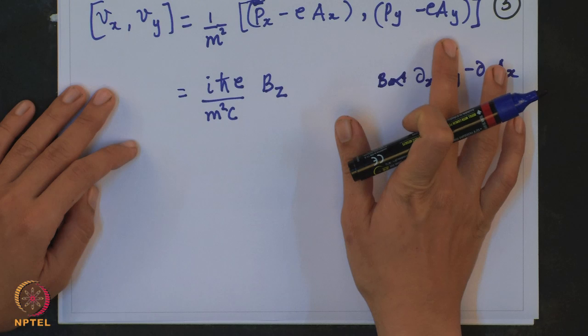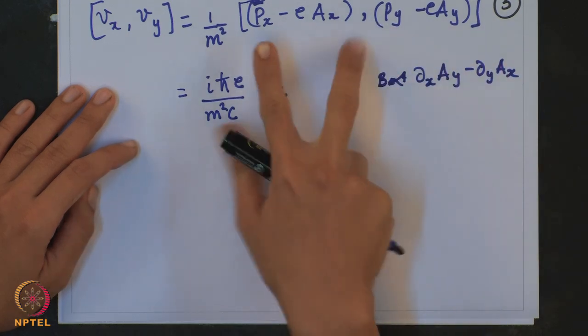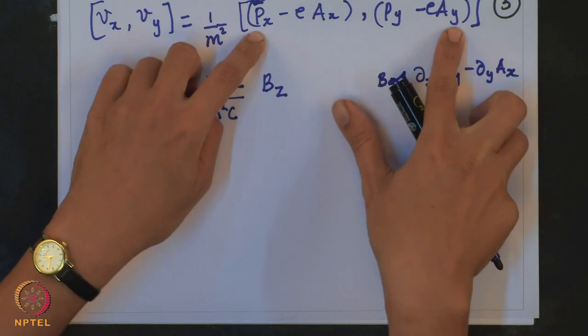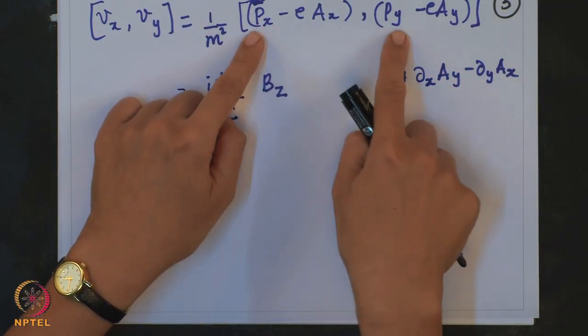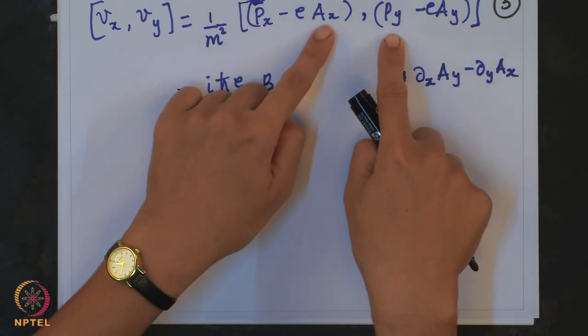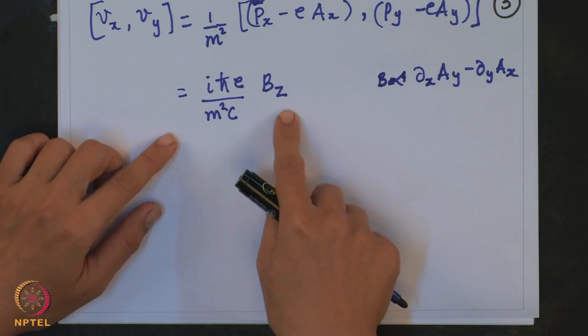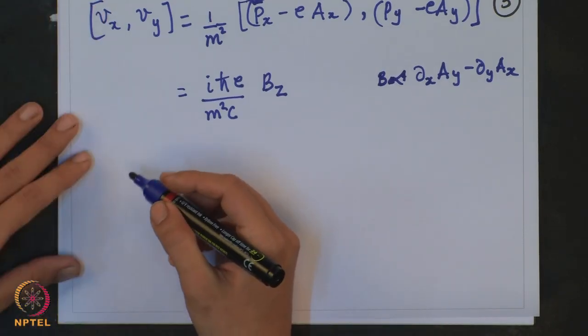So, you will have 4 terms, again I am repeating, only the cross terms will contribute. This will give me Px Ay, here I will have Py Ax, this will give me a term proportional to Bz, the z component of magnetic field.